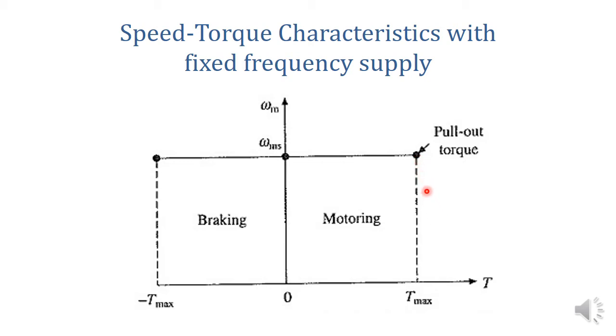So in order to prevent the machine going out of synchronism, we have to provide extra protective devices such as circuit breakers to disconnect the motor from the power supply when it goes out of synchronism or when it reaches pull out torque.